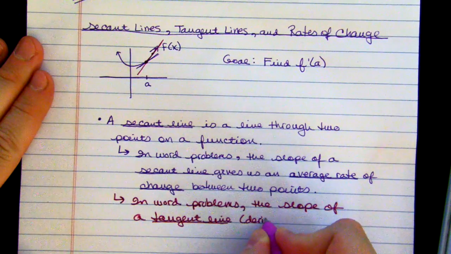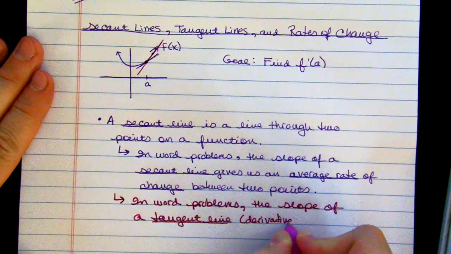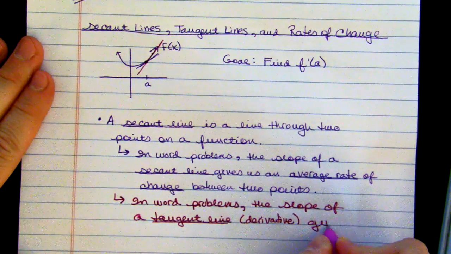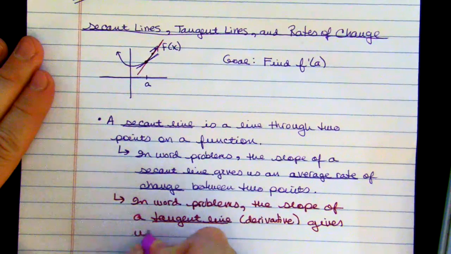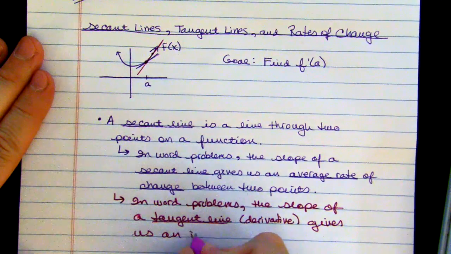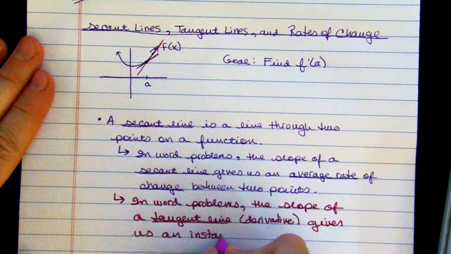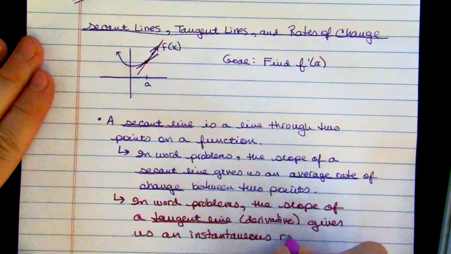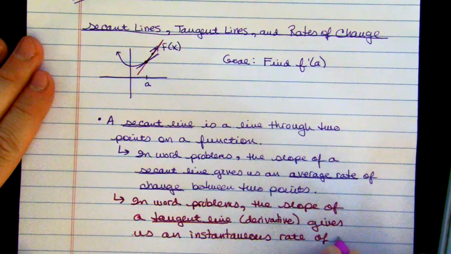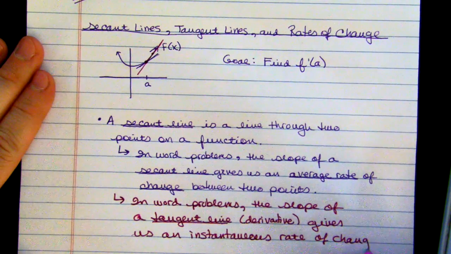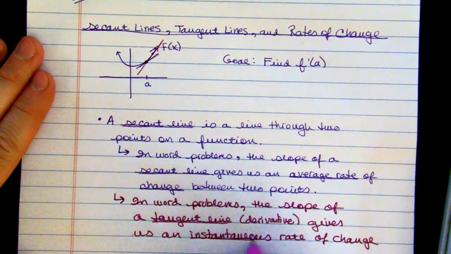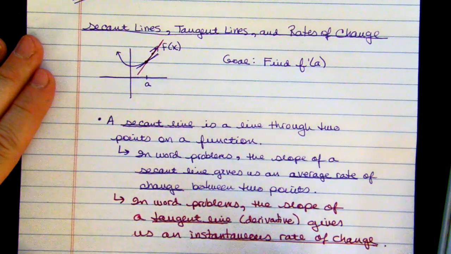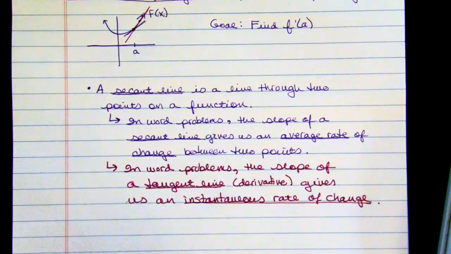I don't want to find the rate that water is flowing out of the tank between time 10 and time 20. I want to find the instantaneous rate right at time 10 or right at time 13 or something like that.